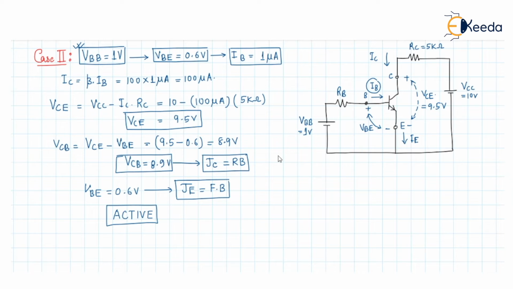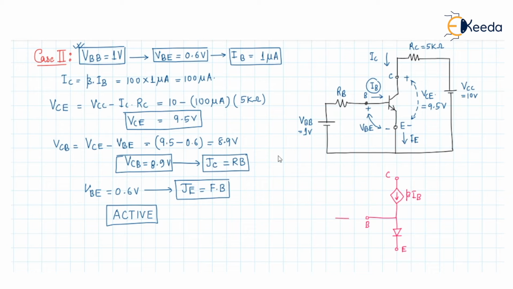So if this is the collector terminal, the collector junction can be replaced by this current dependent source, and it will be beta into IB, and there will be a diode at the JE junction and this is the emitter. So this is the collector and here it will be a base.